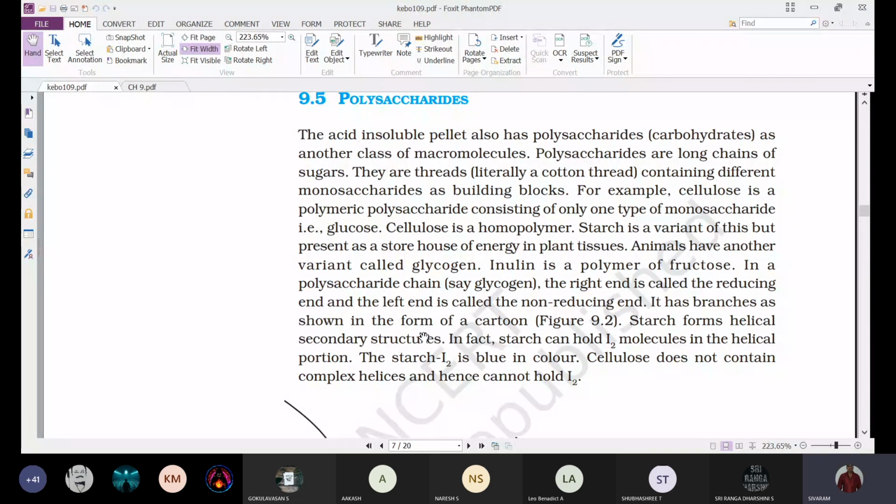Glycogen is also a polymer made up of glucose, but the number of glucose molecules is less, around 200 to 300, joined one to one with the help of glycosidic bonds. In the same manner, cellulose is also a polysaccharide made up of glucose.